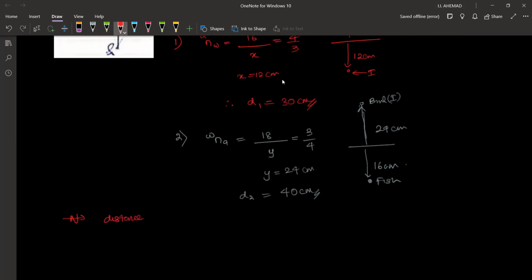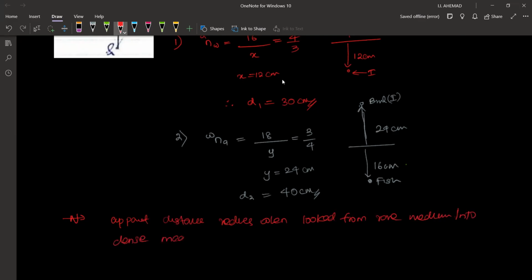Apparent distance reduces when looked from rare medium into dense medium, and it is the opposite.